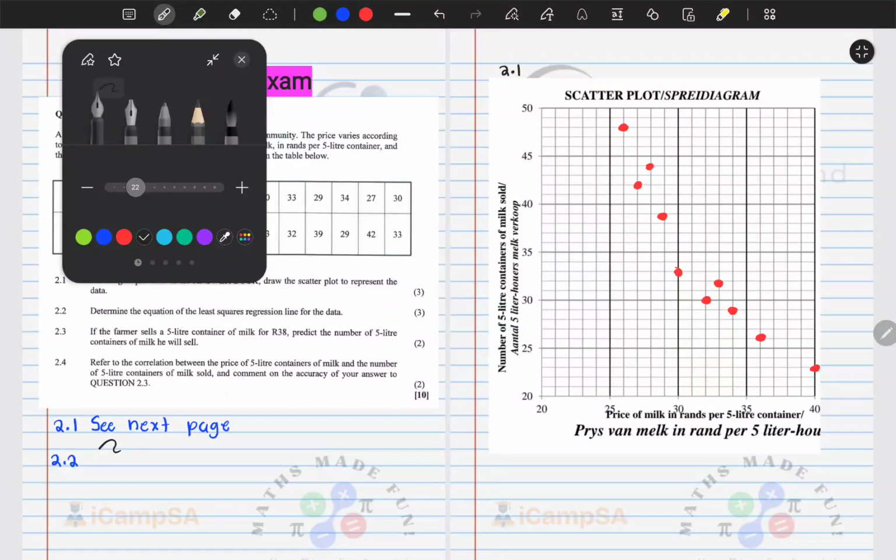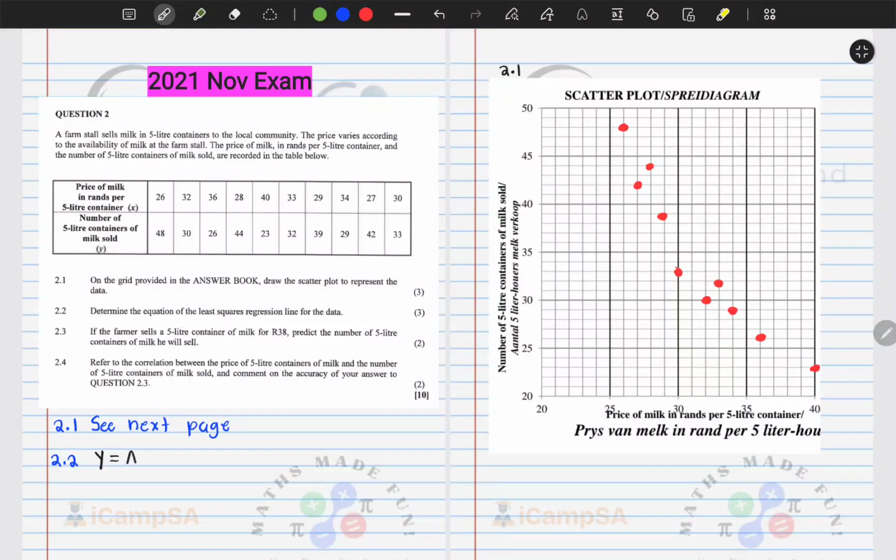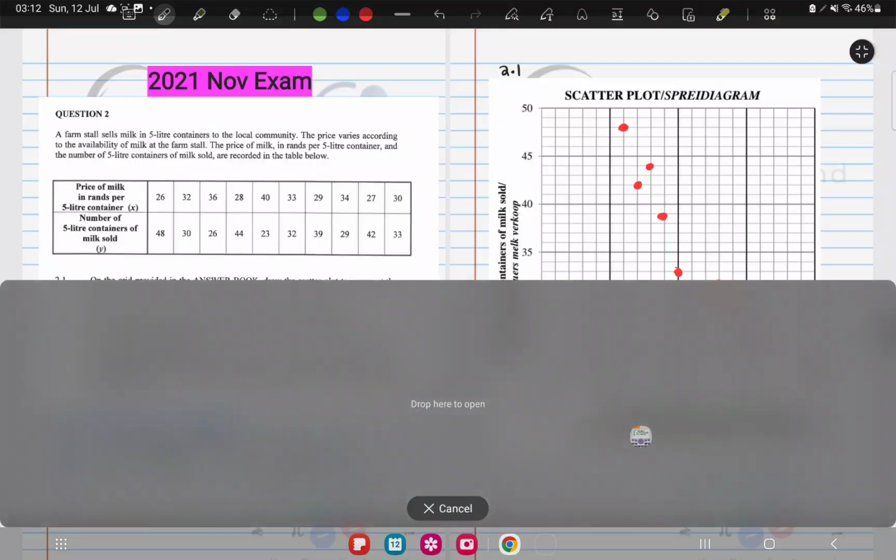That should be very simple. Essentially they're asking us what is y equals a plus bx. In other words, what is a equal to and what is b equal to? That is what we need to go and figure out. And in order for us to do that, we need our calculator, guys.